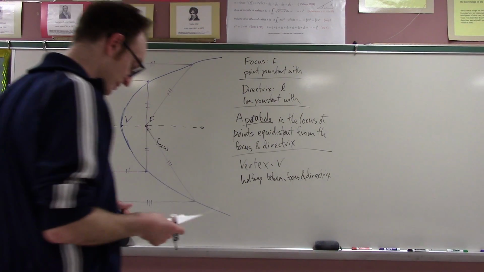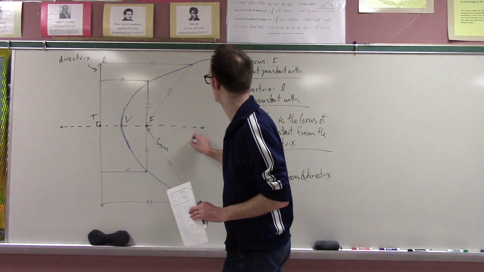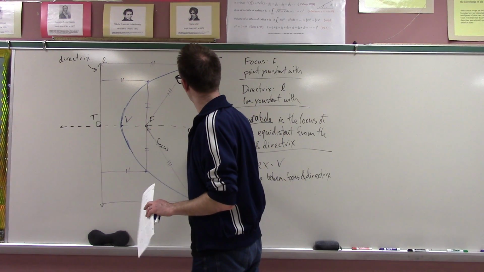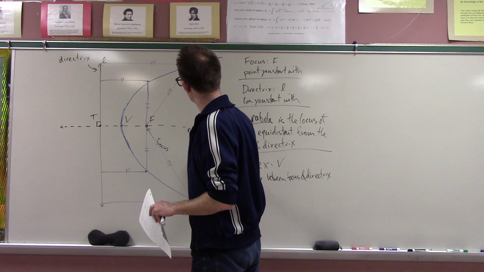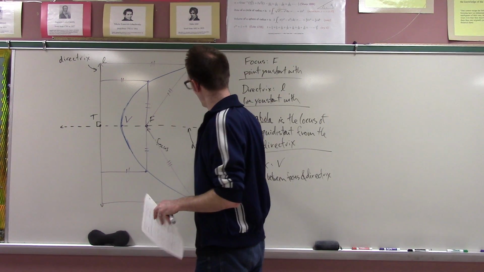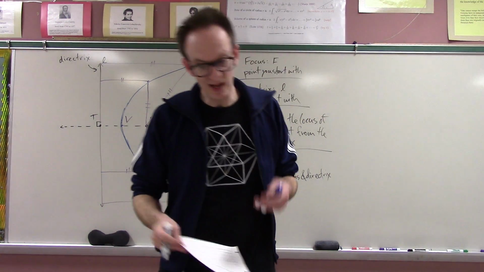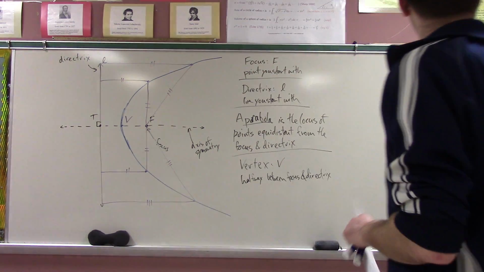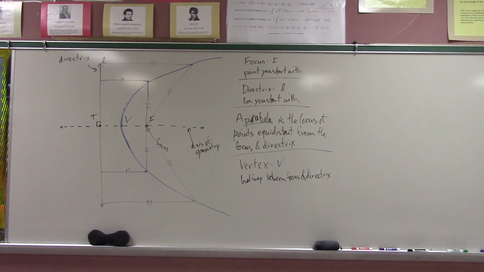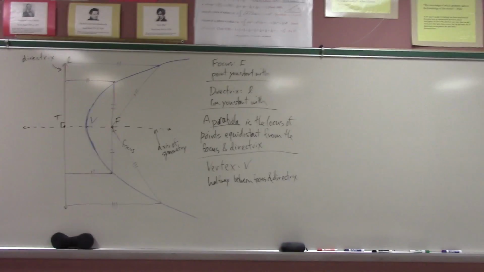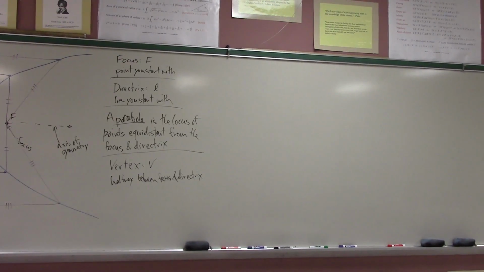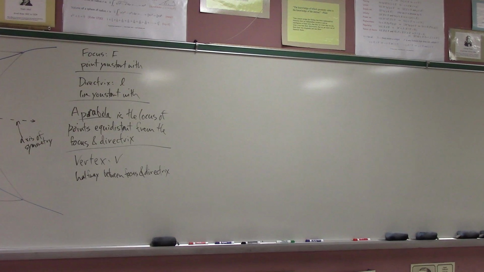And this is the axis of symmetry. All this is just vocabulary. And again, you can analyze a parabola in different ways, without coordinates, but with coordinates, perhaps it gets a bit easier. So let's do that now.